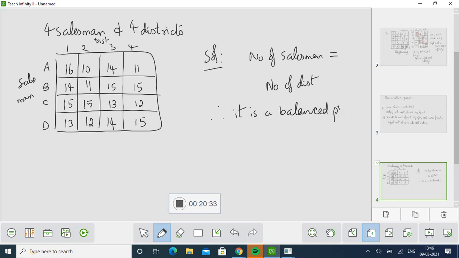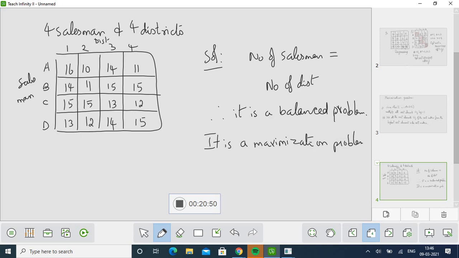Then, what else? It is a maximization problem.